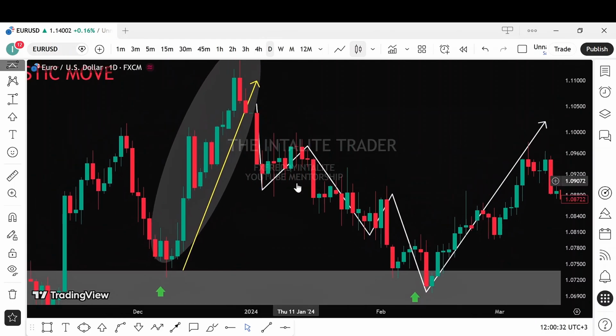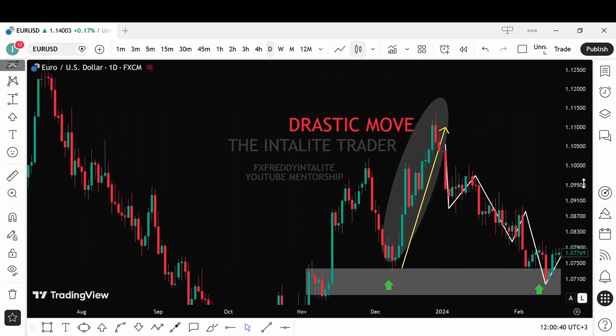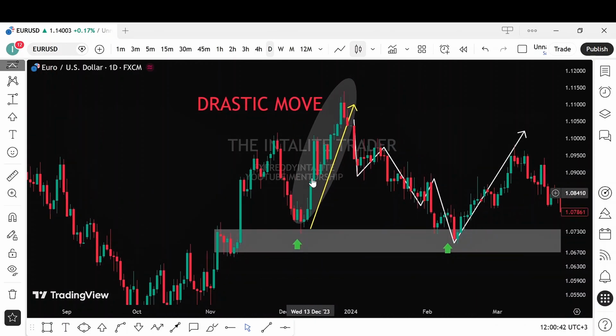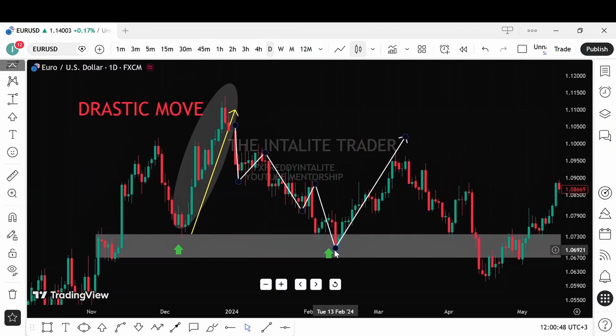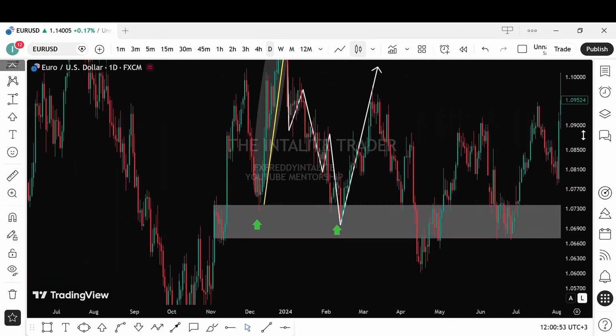So you see, price comes, it trades away from a level, showing you that there is a strong presence of buyers and sellers in this area. And then it comes back the next time, it trades away. So the same thing happened over and over.